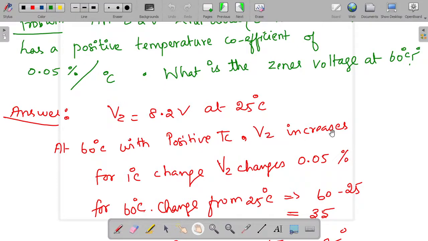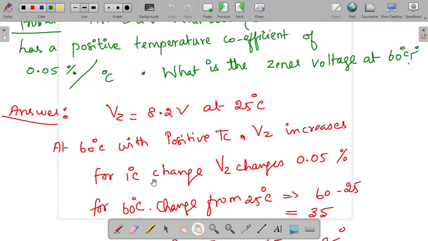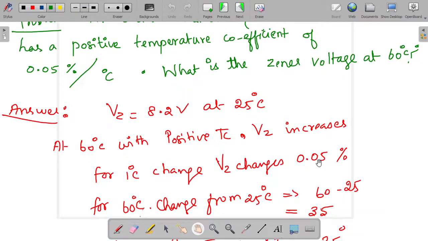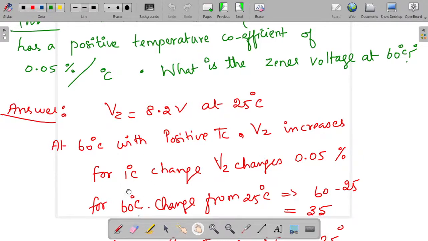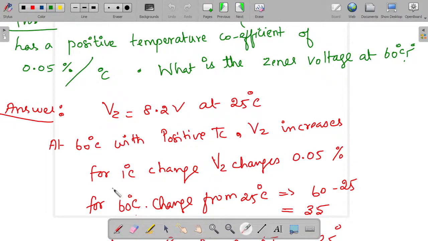For 1 degree change, Vz will be changing how much percentage? 0.05 percent change will be there in the Vz if the temperature changes 1 degree. This is given in your problem itself.